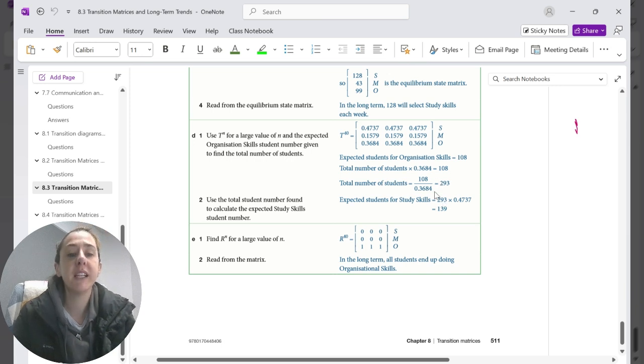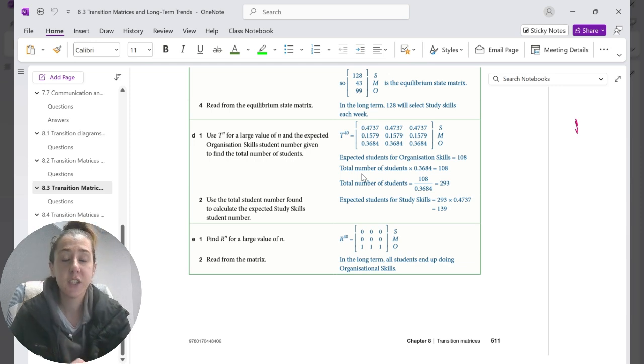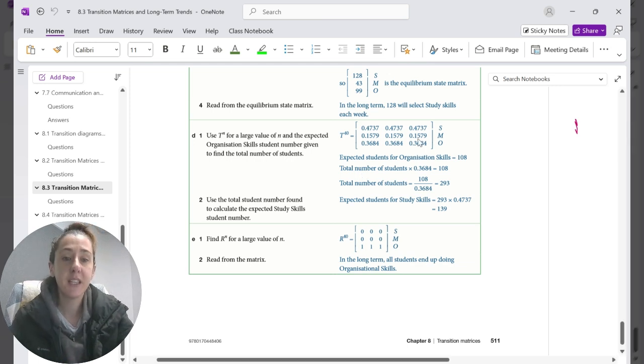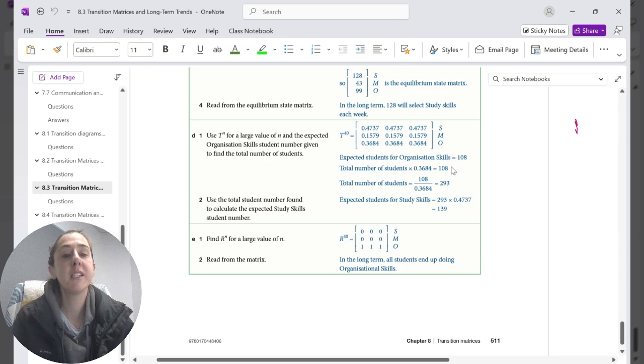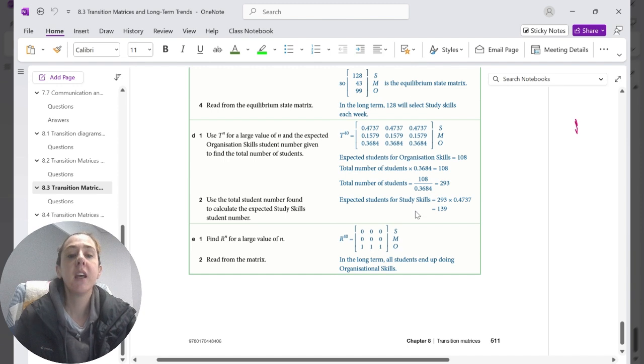Now, you can either rearrange this algebraically or pop it into your CAS calculator. Just call this a variable. You might want to use X, you might want to use Y, might want to use T for total number of students. So T times this value here equals the value that we were given in the question, which was 108, and we're solving for T if that's the variable that you used.